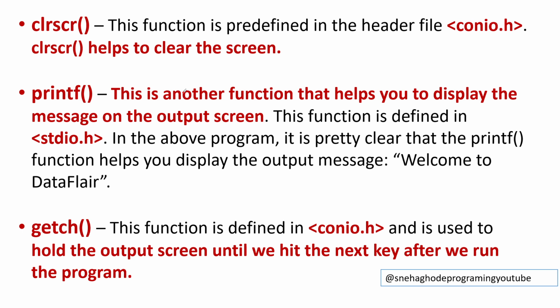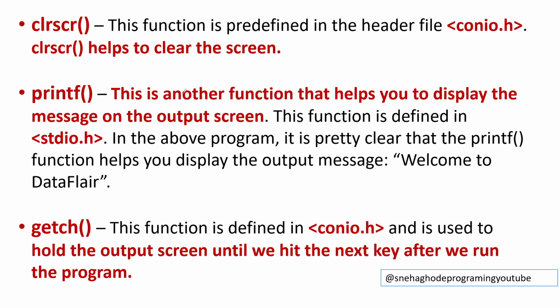If you click on run, the screen will instantly blink and go. It will not be displayed to you until you press the enter key. It will not be held.